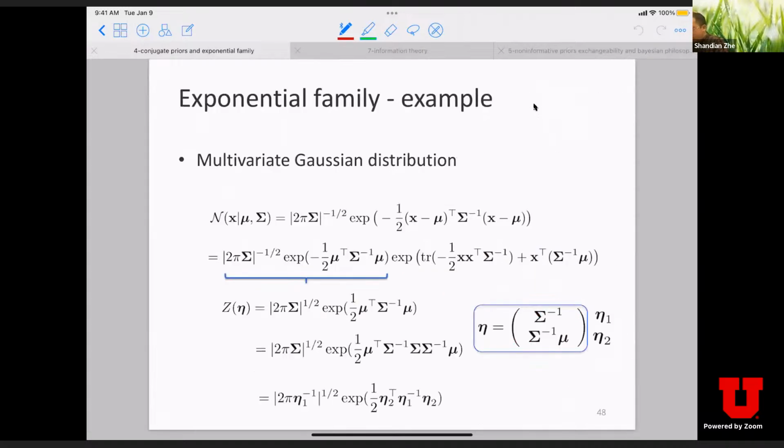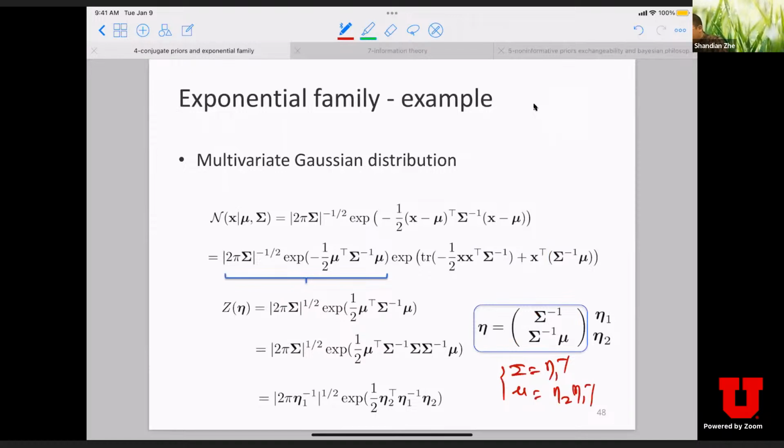Here eta 1 is sigma inverse and eta 2 is sigma inverse mu. So sigma is eta 1 inverse, and mu is sigma times eta 2, which is eta 1 inverse times eta 2.